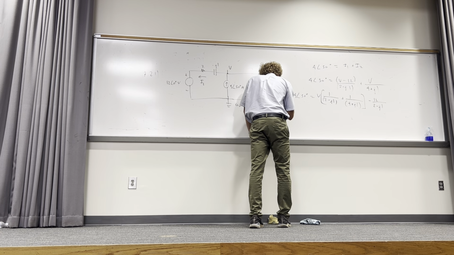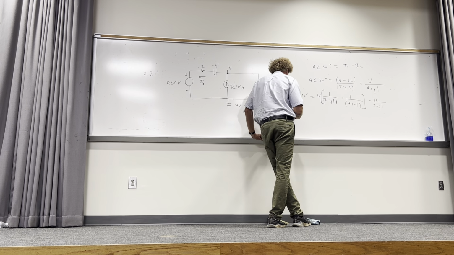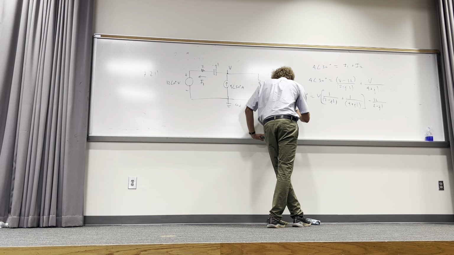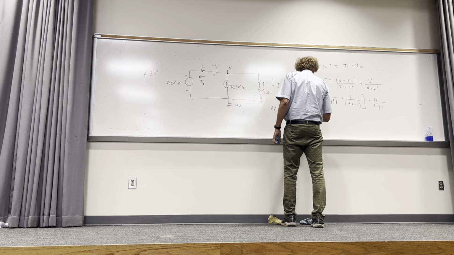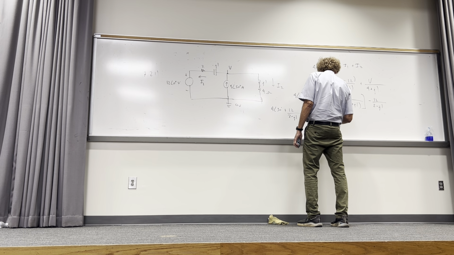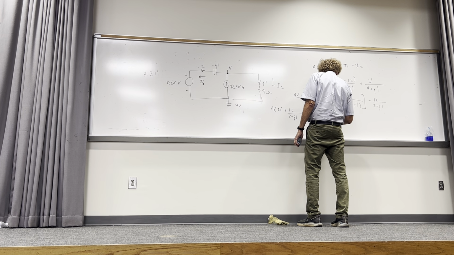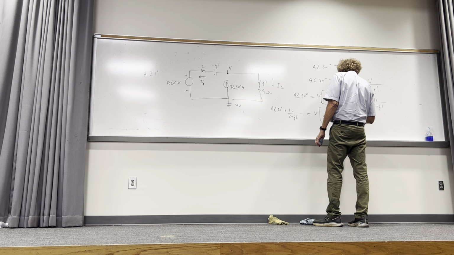So I'm going to have 4 at an angle of 30 degrees. That's going to be plus 12 over 2 minus J1. And that's equal to my V, right, times 1 over 2 minus J1 plus 1 over 4 plus J1.